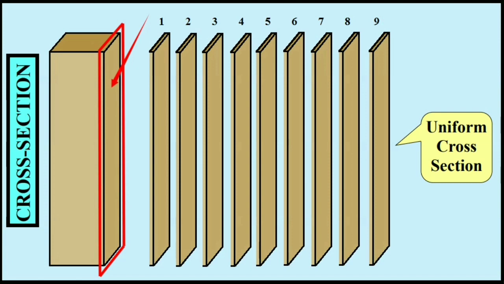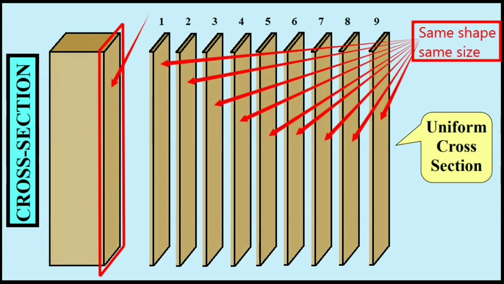If we cut off many slices parallel to this cross section, then we find that many similar surfaces are created, and we observe that all these faces created are of same shape and same size. Hence, a cuboid has uniform cross section.